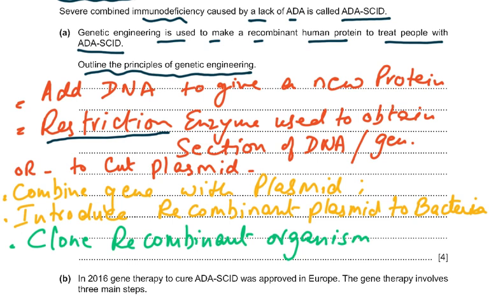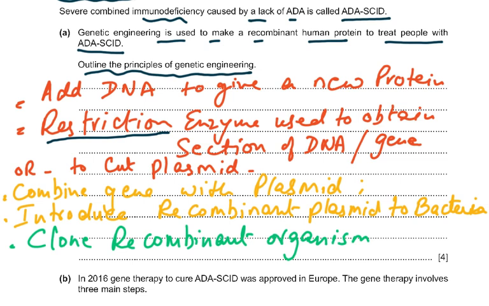Add the DNA to give a new protein. You add a new DNA, the gene or the DNA, to make that protein in some other organism. So you use restriction enzymes to cut the DNA or the gene from the organism for which you are producing the protein. Like for human insulin, you'd cut the DNA from a human chromosome where that insulin gene is present.